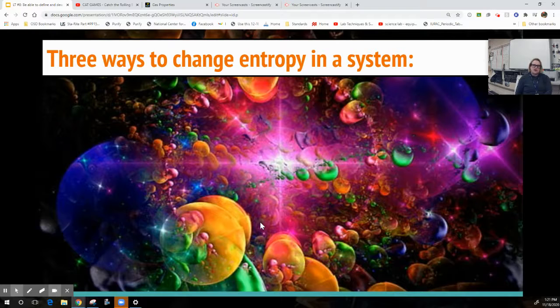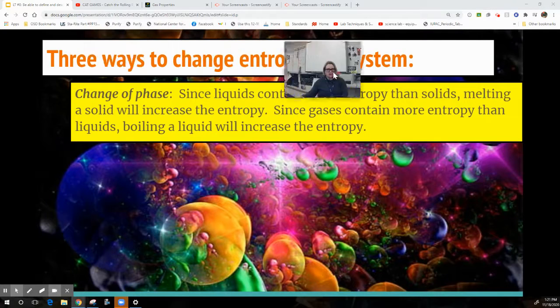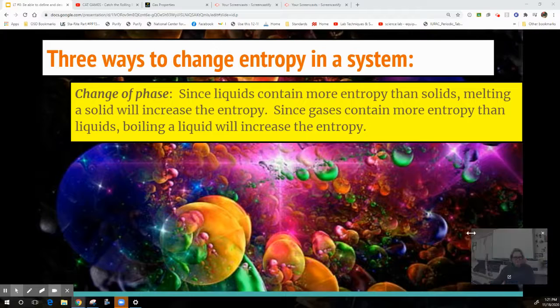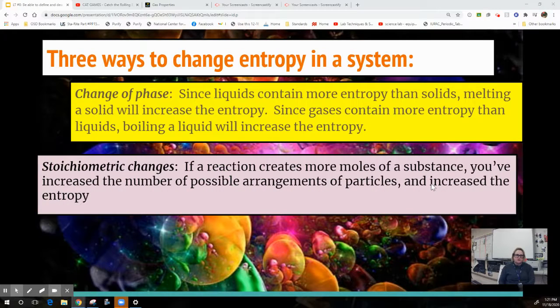So there are 3 ways to change the entropy in a system. First, you can change the phase. If I melt a solid into a liquid, and then a liquid into a gas, I'm definitely increasing the entropy. Second, stoichiometric changes. This is the one that really has to do with chemistry.